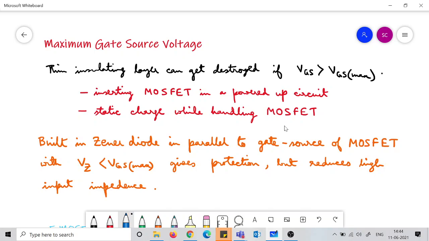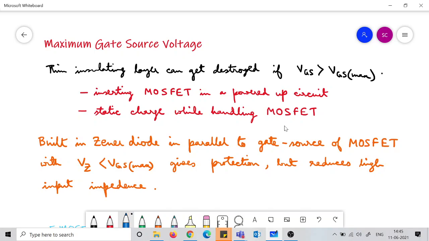So in our own electrical laboratories, how do you discharge yourself? You discharge yourself by touching the body of any apparatus which has a ground wire.